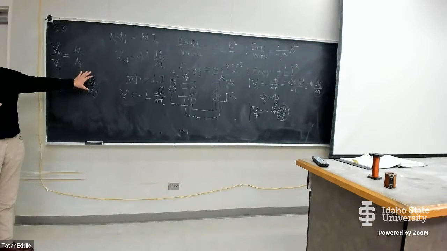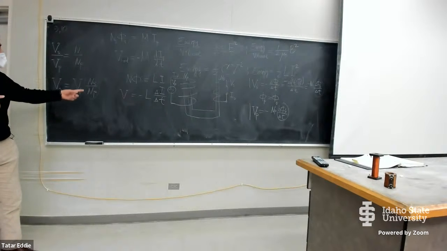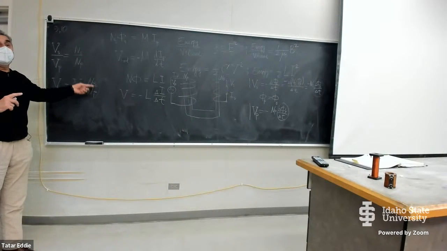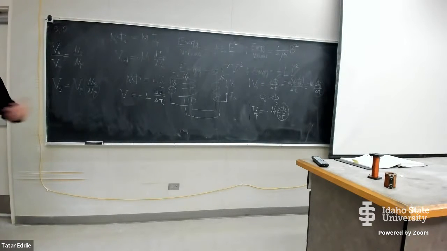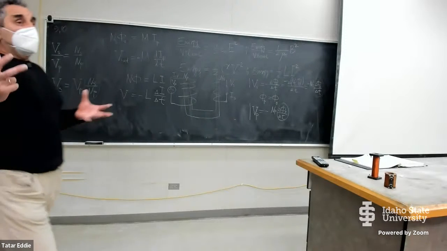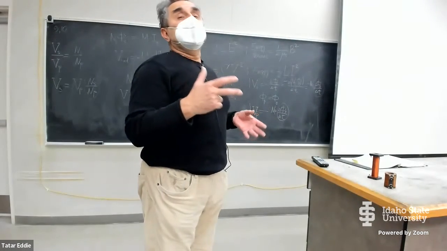Again, whether the transformer is increasing or decreasing the voltage depends upon how many turns you have in the secondary coil and what is the ratio practically between the number of turns in the secondary and the number of turns in the primary. So let's say that you have a step-up transformer.